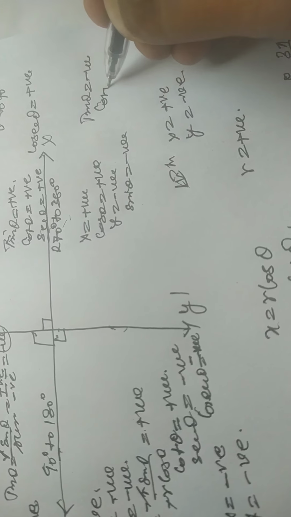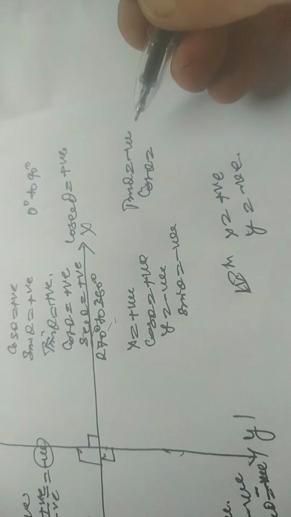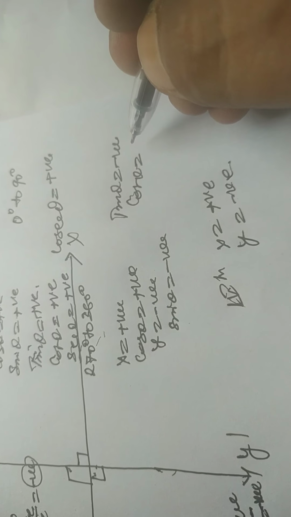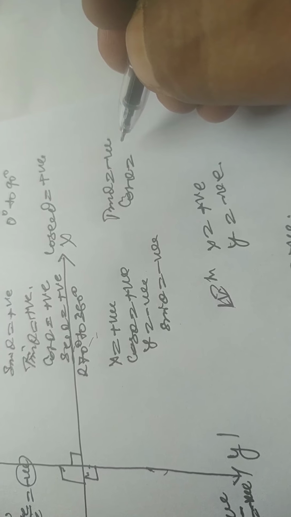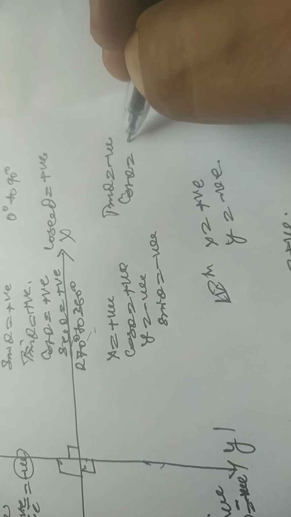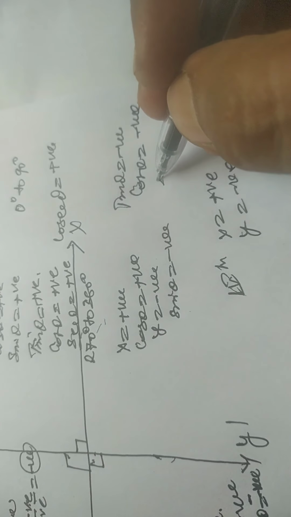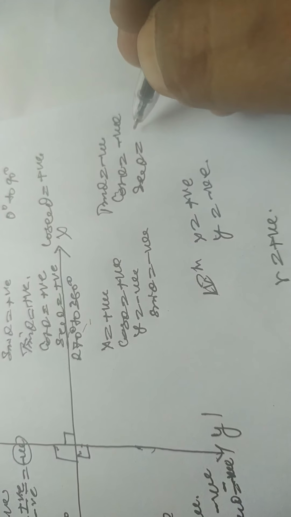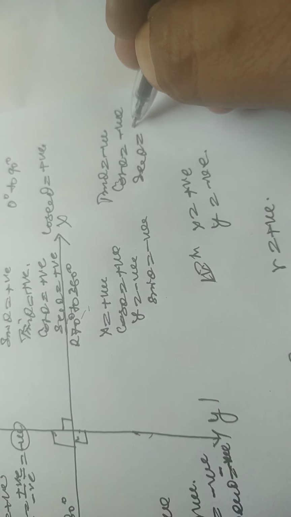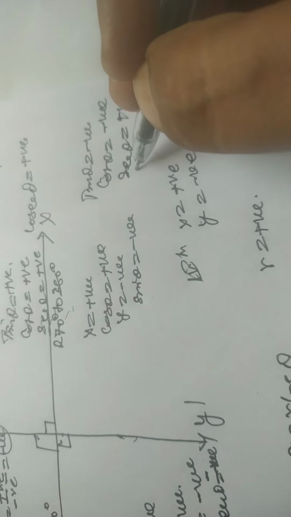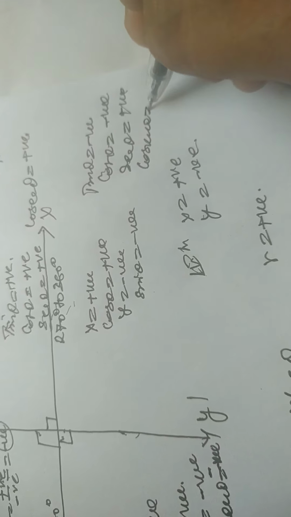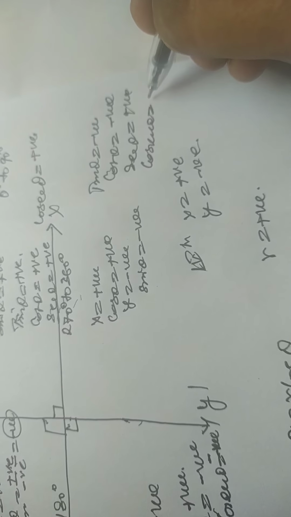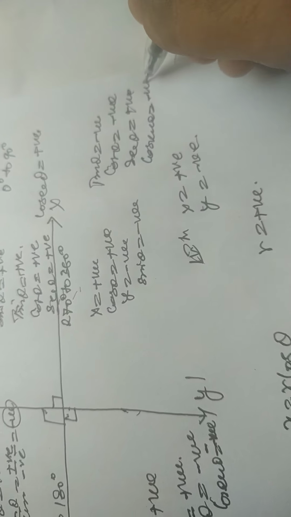And cot theta is cos theta upon sin theta, positive upon negative is again negative. Secant theta is 1 upon cos theta. Cos theta is positive, that means secant theta is positive. The last one, cosec theta, is 1 upon sin theta. Sin theta is negative, so this is negative.